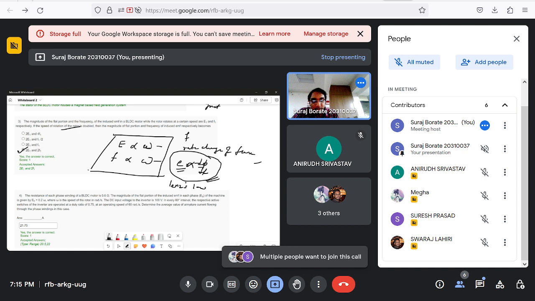Let's see. They mentioned 60-degree. So at 60-degree, what is the situation? There are two. Red one is on, and the yellow one is on in the opposite direction. And what about the blue? Blue is off, right? Can you see that?